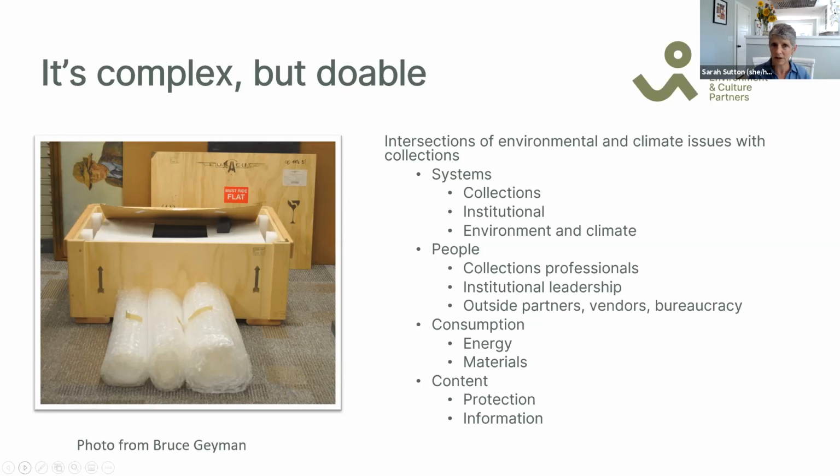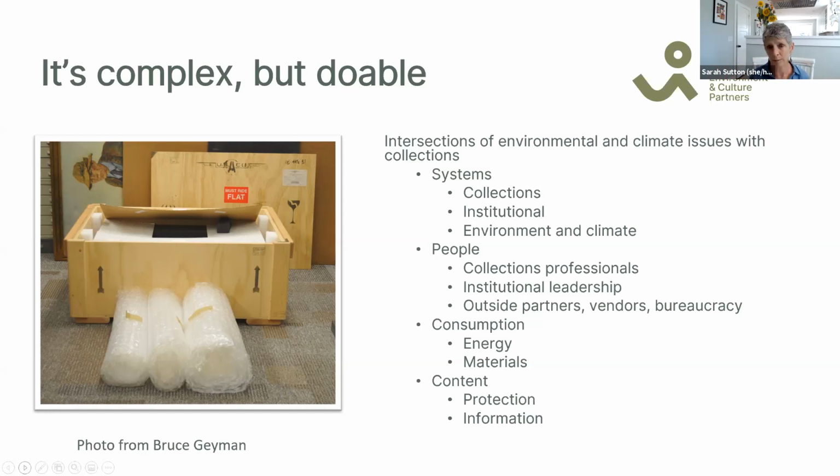But I can give you the skills to make good choices yourself, which means that after this webinar is over and you have a different job or a different activity or a different role, you'll still have the skills to apply to it. You'll know how to tackle the problem. So to tackle the problem, we have to understand that it's part of a system. Even if what you're doing is treating a particular object today or putting it in a particular package, that activity is part of a system of collection care and museum operations.